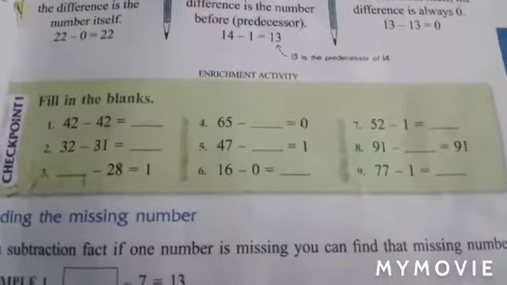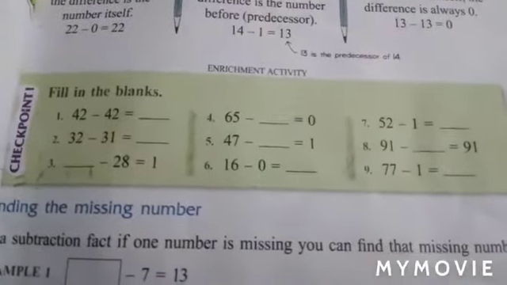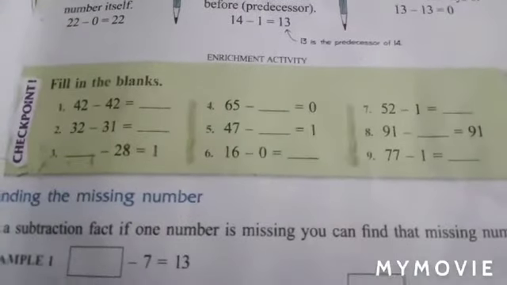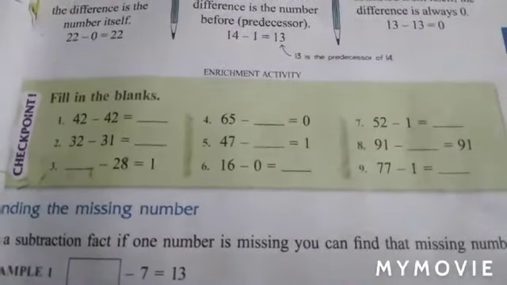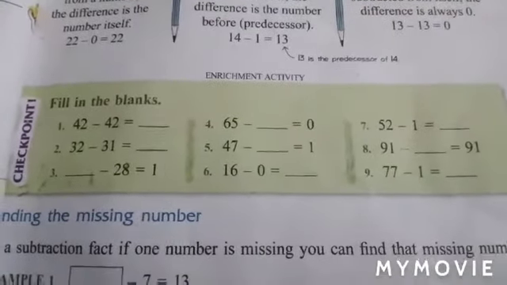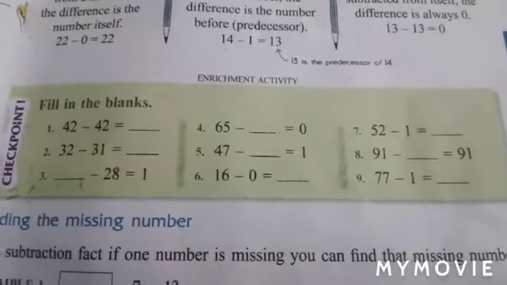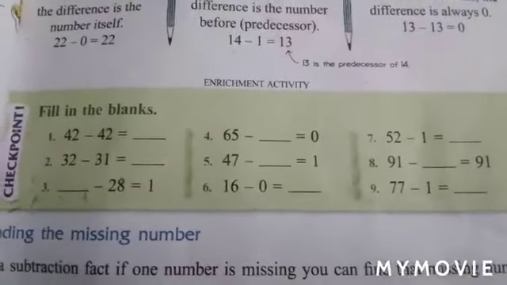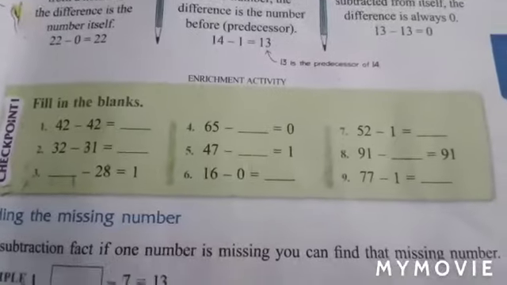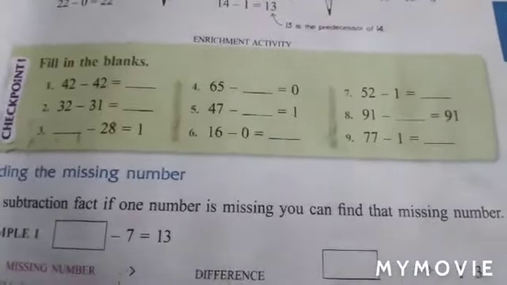Don't write your answers in the classwork copy because your classwork copy is already submitted in the school. So you have to write the answers of these questions in the book itself.